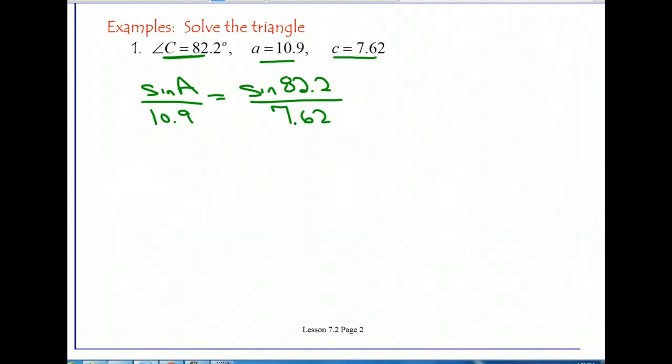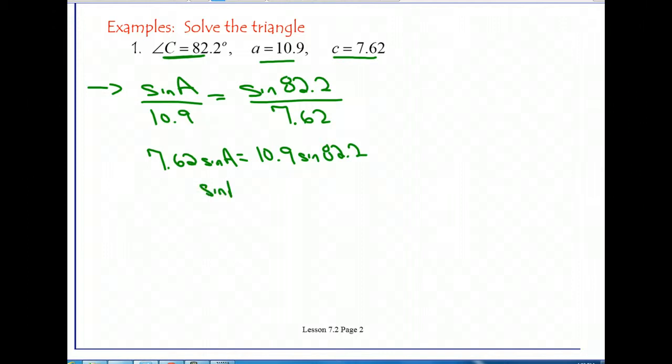Since I'm looking for an angle, I'll put the angles on top. How do I solve this? I cross multiply. So 7.62 times the sine of A equals 10.9 times the sine of 82.2, very routine. Get sine of A by itself, and I get 10.9 times the sine of 82.2, divided by 7.62.